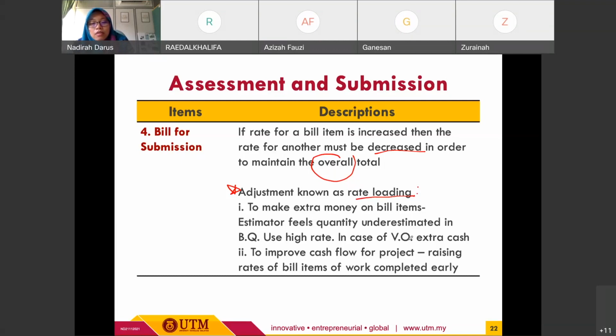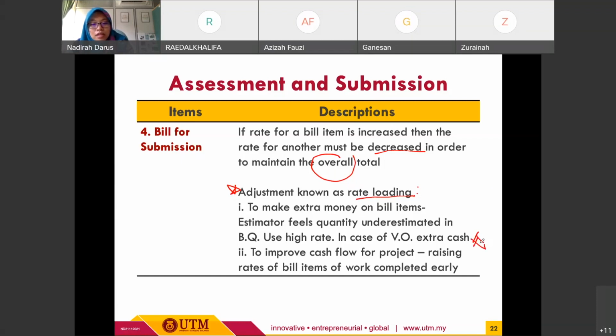In case of a variation order, they have the extra cash for any variation order. So that's why they need to carry out this adjustment. They will be prepared for any risk occurrence, and they also have their own contingency plan. So that's why they do this adjustment.